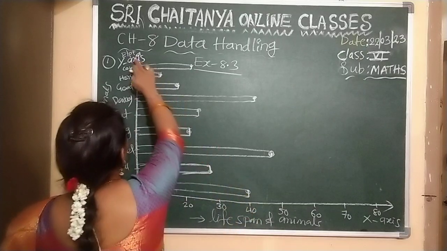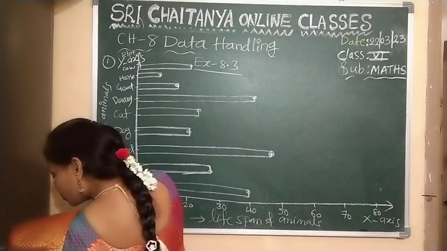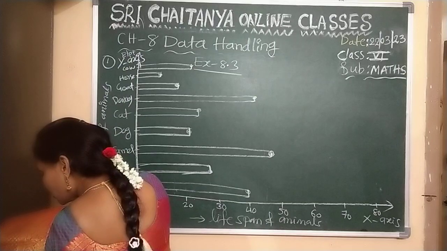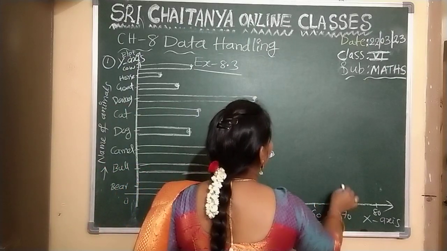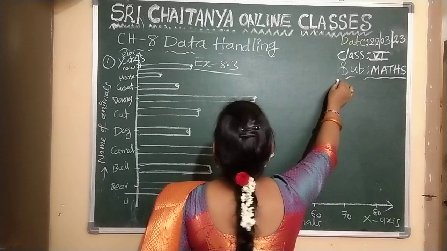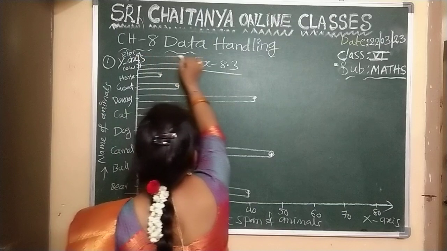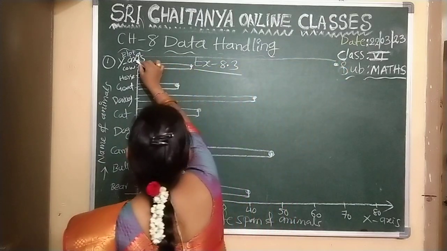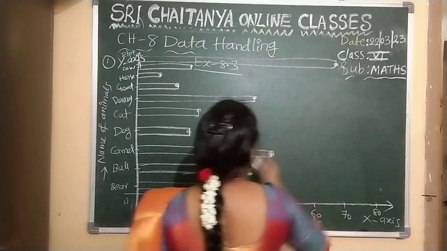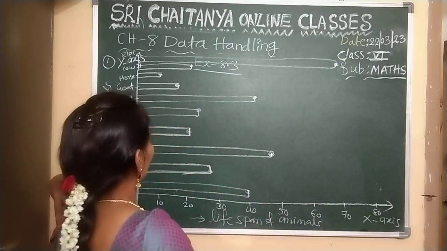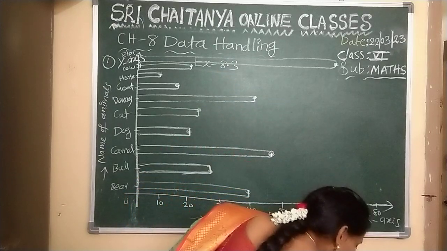Last, elephant, here 70 is there. So from here to here, I do not have space now, that is why I am drawing the heading. So like this we can plot the graph.